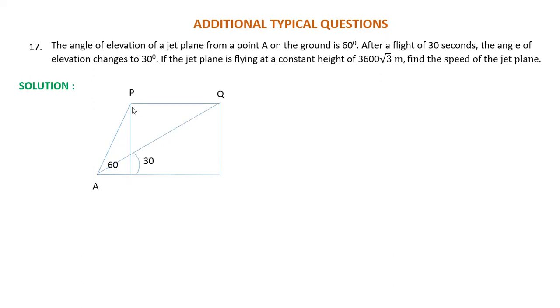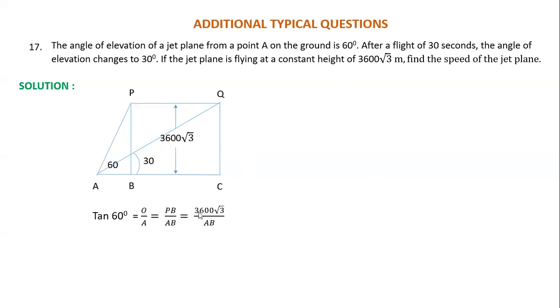This is the distance which the aeroplane has flown in 30 seconds. The height at which the plane is flying is 3,600 root 3 meters. So let this be C. Tan 60 is equal to opposite upon adjacent.